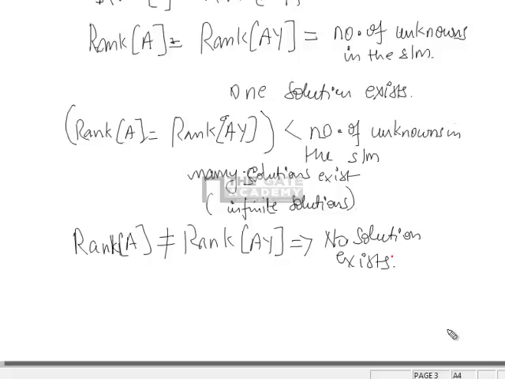So the first thing for me is to find the rank of the system matrix and the rank of the augmented matrix, and if they are the same, then a solution will exist. If they are not the same, the problem ends there itself because no solution exists. This is what we are going to deal with in systems of equations from now on.